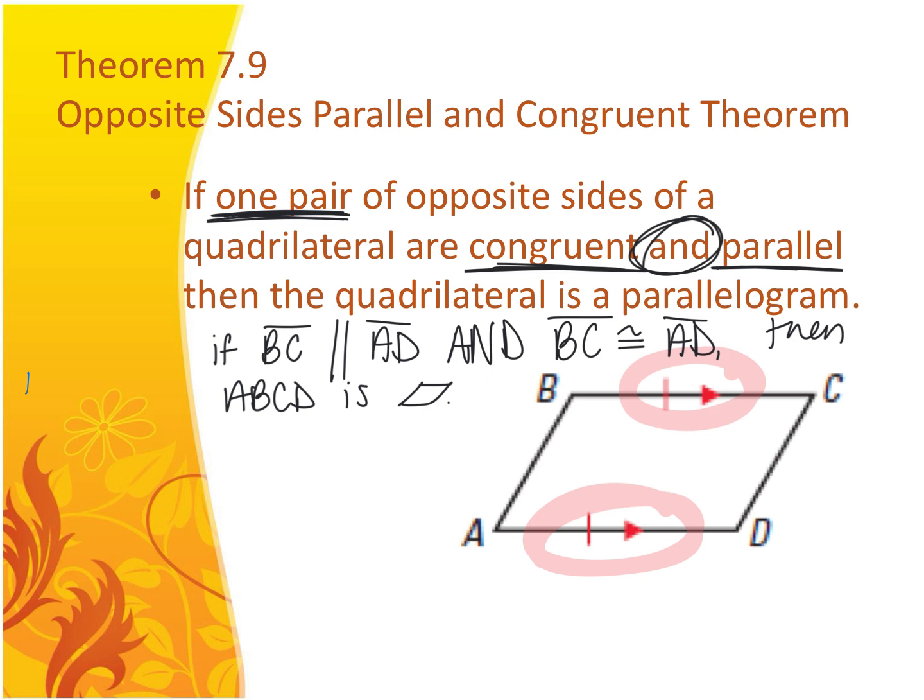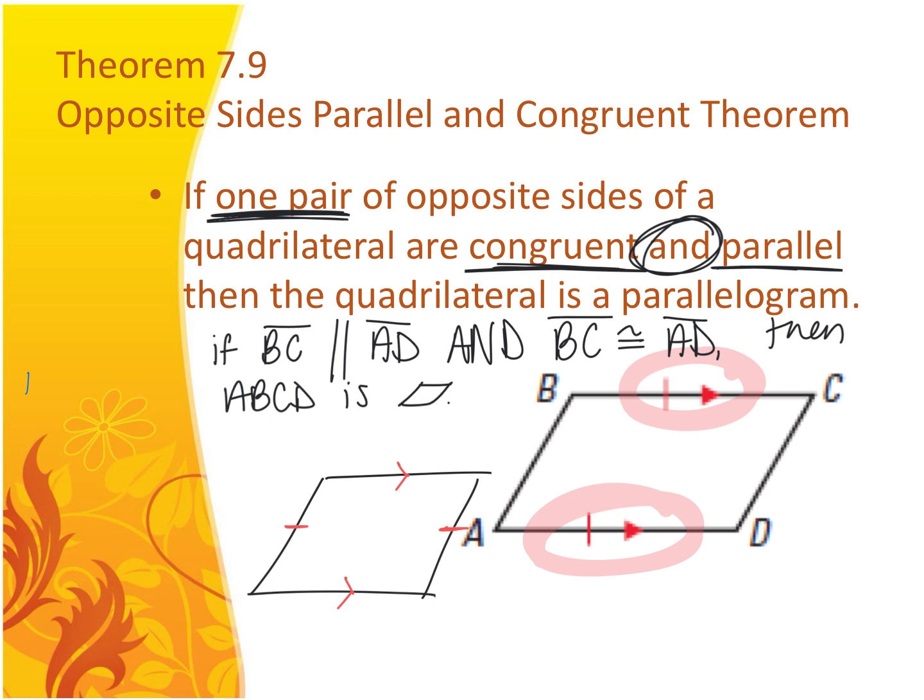So if I were to give you a parallelogram on a test or a quiz, and I were to draw an arrow up here and my congruency marks on the side. Is my pair of opposite sides congruent and parallel?